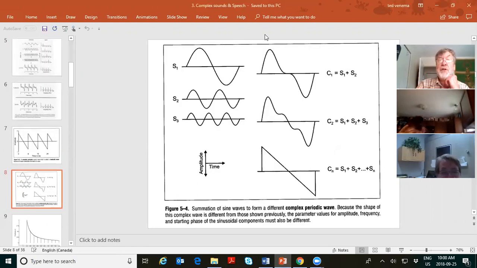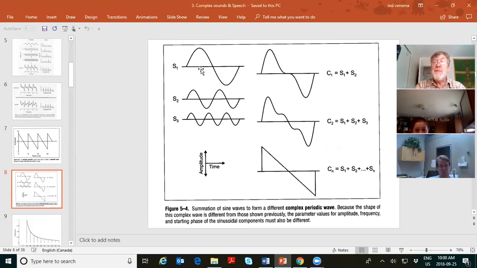How did you make these guys? Well, they took a sound wave 1, and then they added this one to it, and now you've got a complex sound made of sound 1 and sound 2. Then they added a third one to it, so now you have a complex sound made of sound 1 plus sound 2 plus sound 3, and you keep on adding in a certain way.